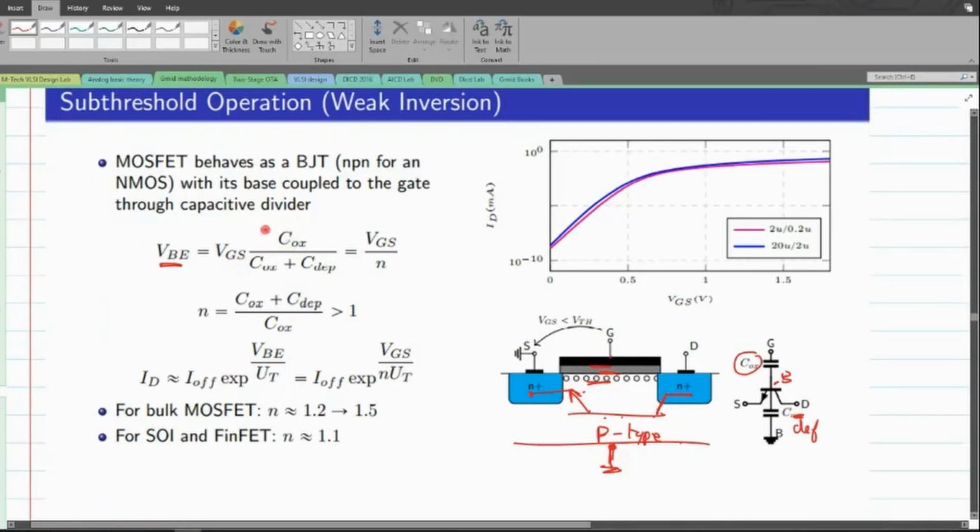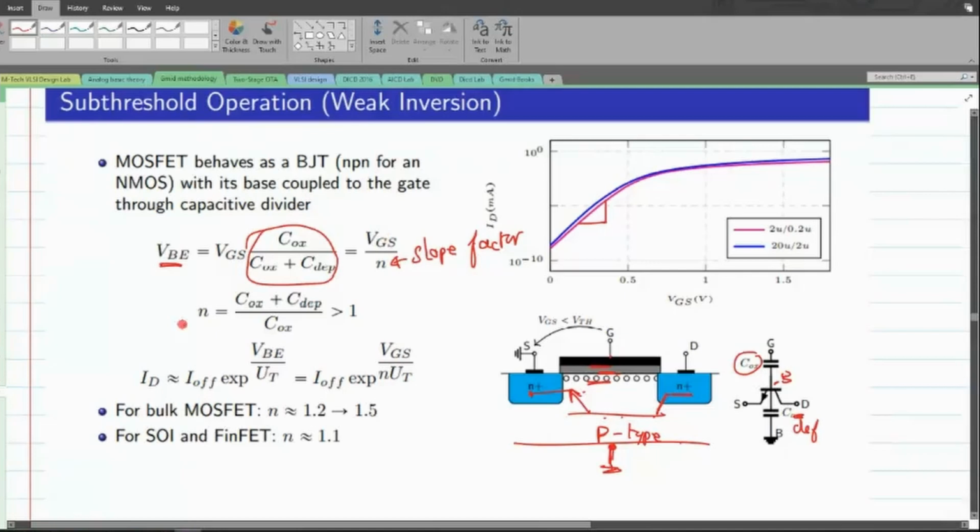I can step down this division as a ratio factor, which we call N, the slope factor. In general the factor N is higher than 1, so the effective voltage VBE across this BJT is smaller than the voltage VGS that I directly apply.